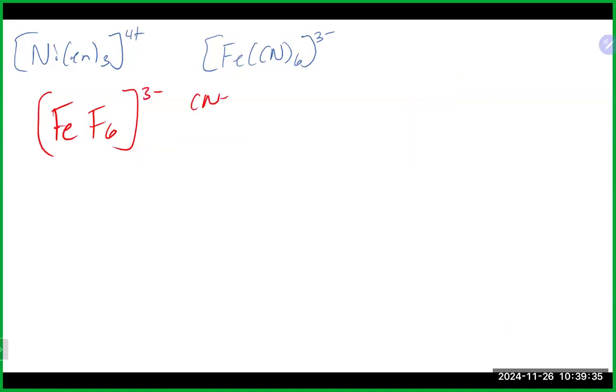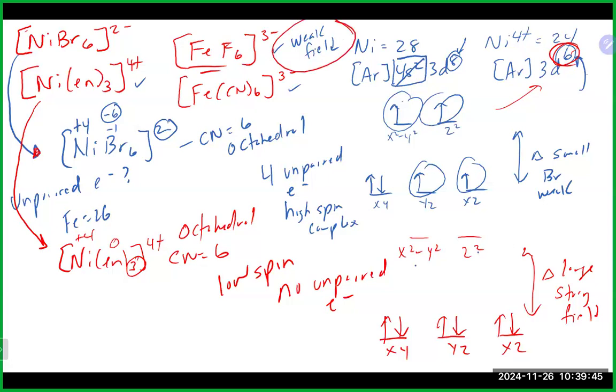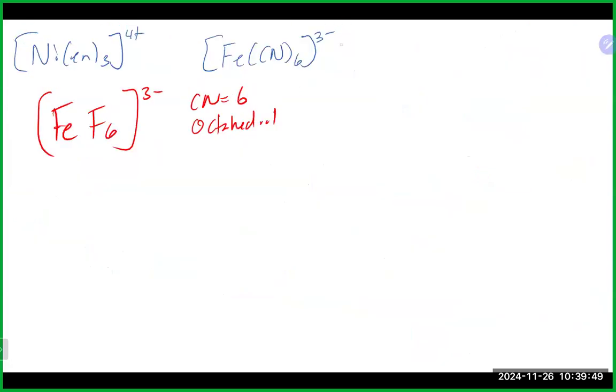Once again, here, coordination number going to be 6 because of the fluoride, which is monodentate, and there's 6 of them. And again, this is going to give us our octahedral splitting. So on this one, I said we'll do it as weak field. So that means when we do our splitting here, we're going to have a small sort of difference.